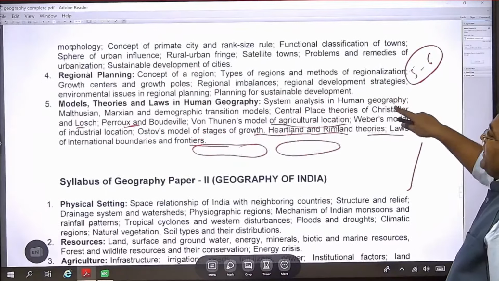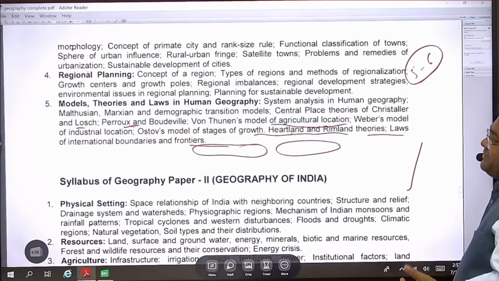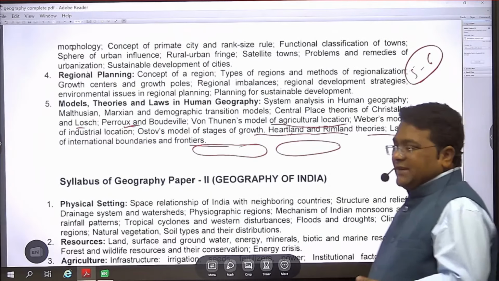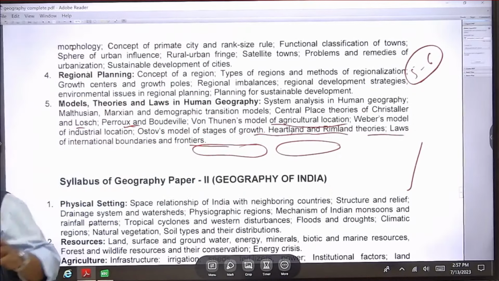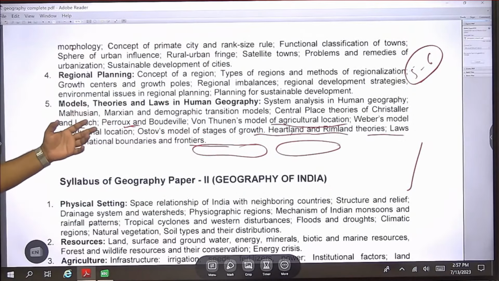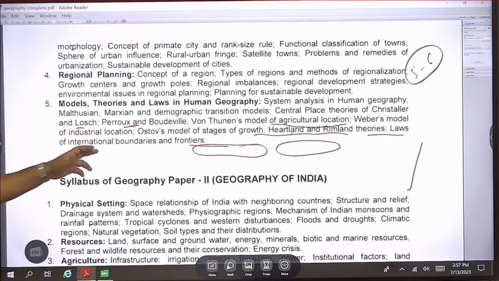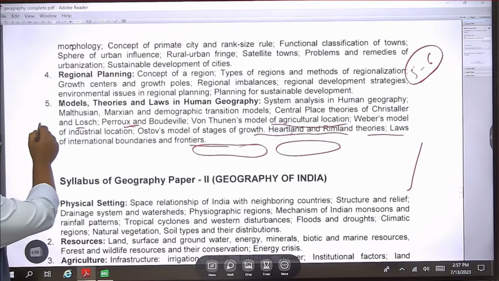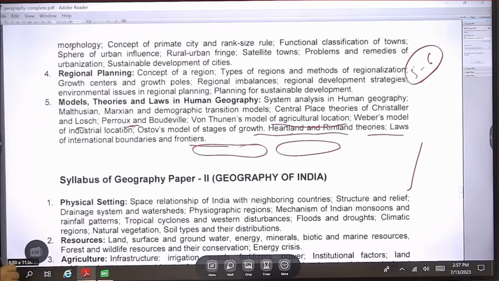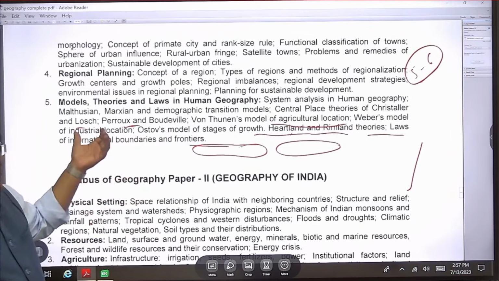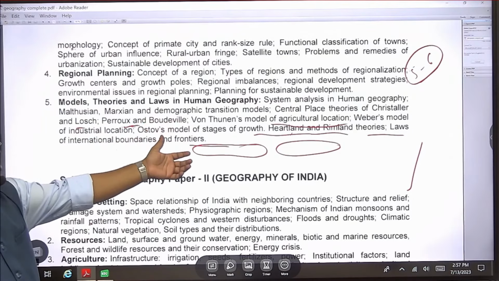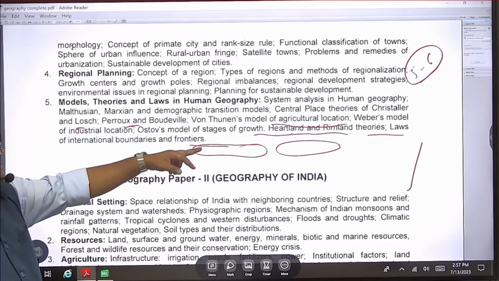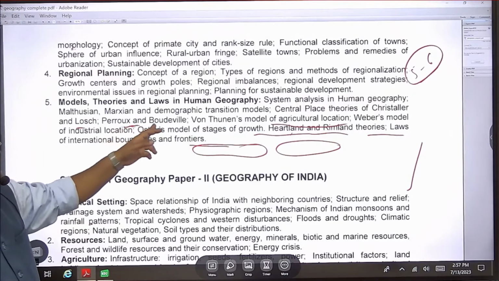And regional planning and five year plans we have. Some theories are also present, like the growth pole theory, and how we use it in the context of regional planning, and models and theories. These models and theories are very, very important here. Like we have Malthusian, Marxism, demographic transition model, central place theory, Christaller, Losch, Perroux, Boudeville.